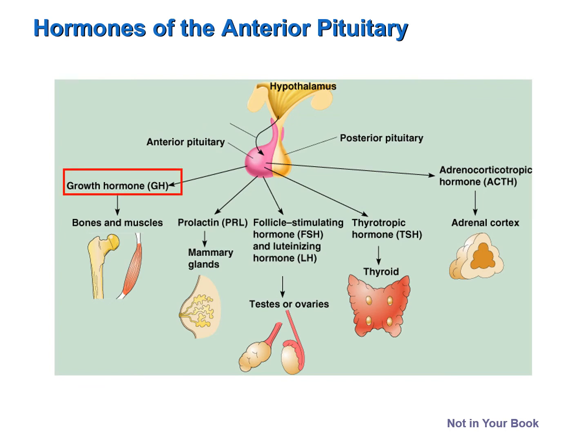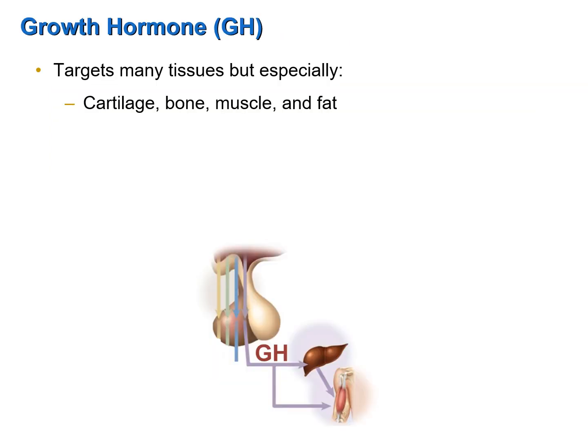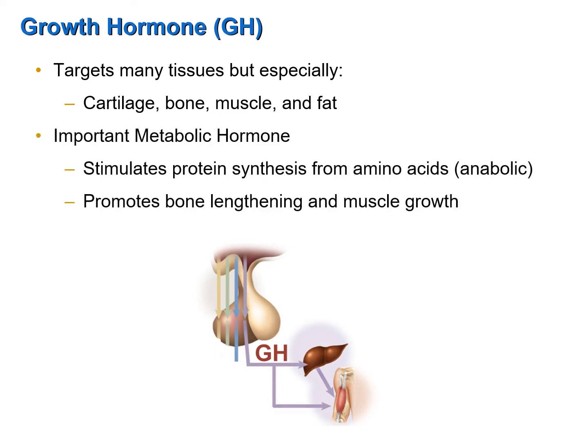Growth hormone is released in response to growth hormone releasing hormone from the hypothalamus. Growth hormone secreted by the anterior pituitary gland targets many tissues, but especially cartilage, bone, muscle, and fat. It is a very important metabolic hormone in that it stimulates the synthesis of protein from amino acids.